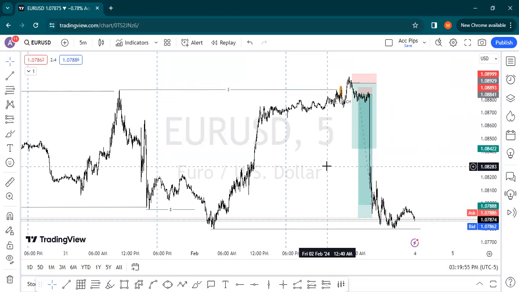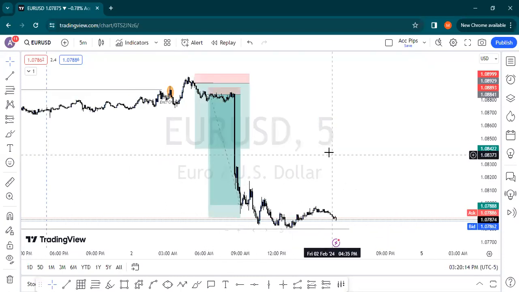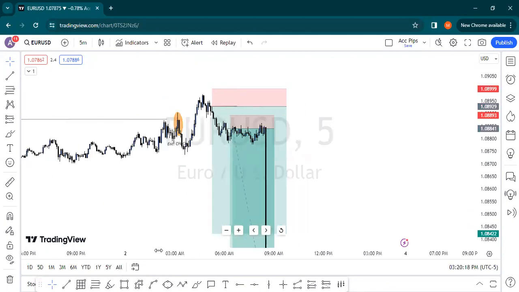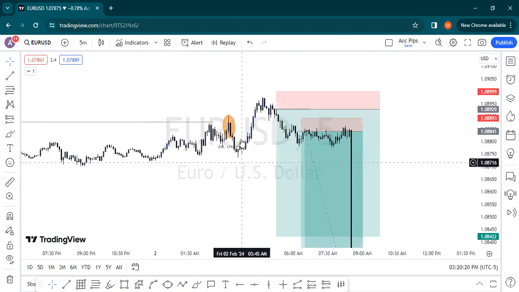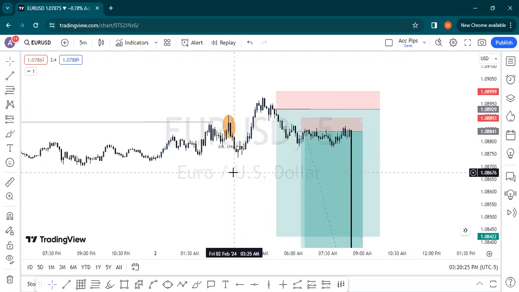I'm not talking about a candle close on a higher time frame. Let's assume this is a sweep. You mean a candle close on the lower time frame? Yes. If I understand you well, let's say this sweep was a candle close. What will we do?